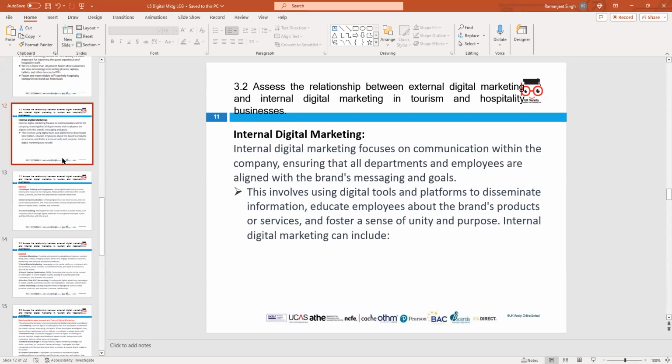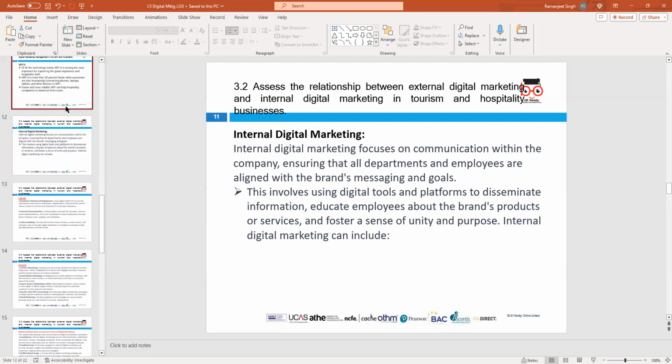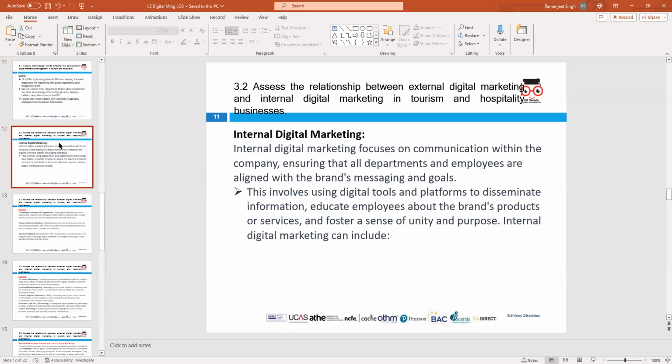Okay. No idea? Okay. Internally, companies have the use of, say, an intranet. Have you heard the term intranet? Like internet. Yes, there is internet and there is intranet.